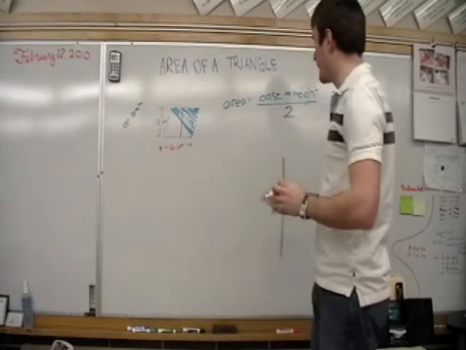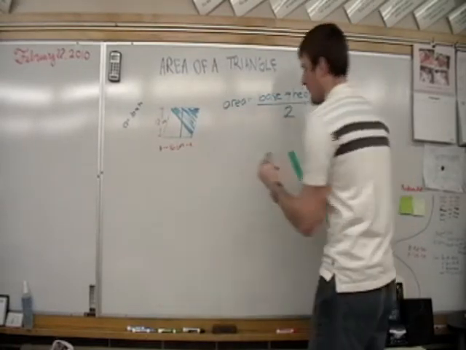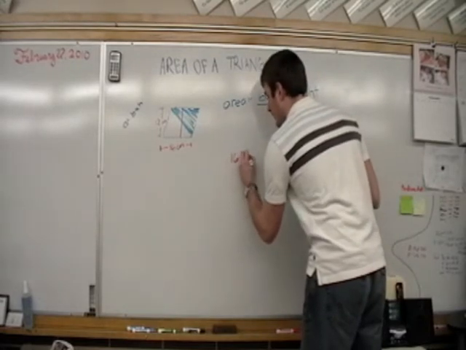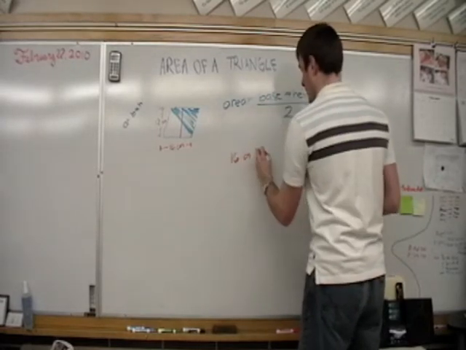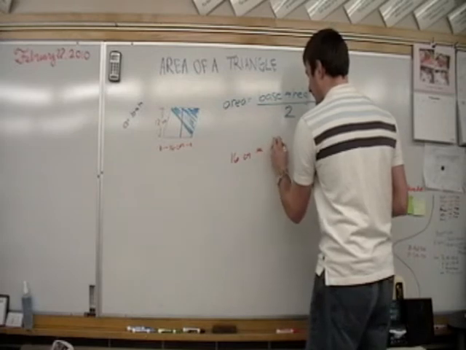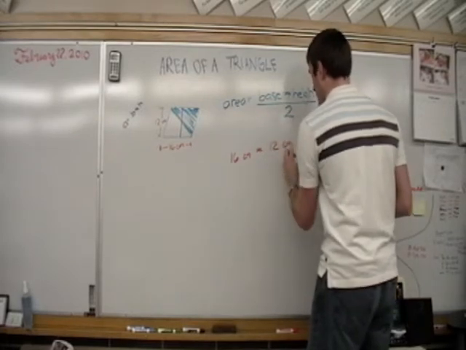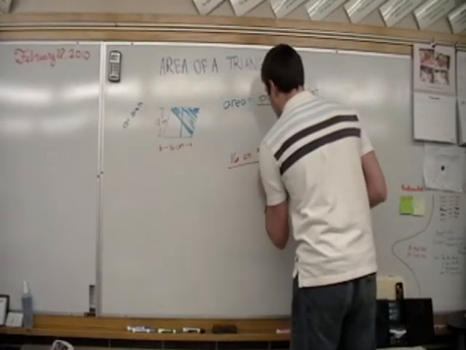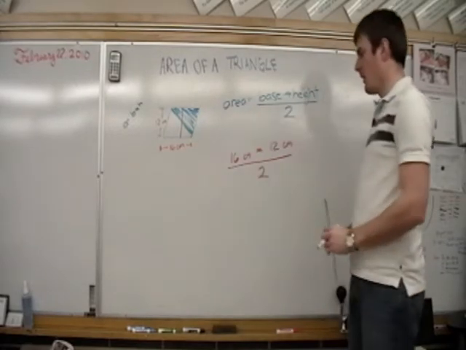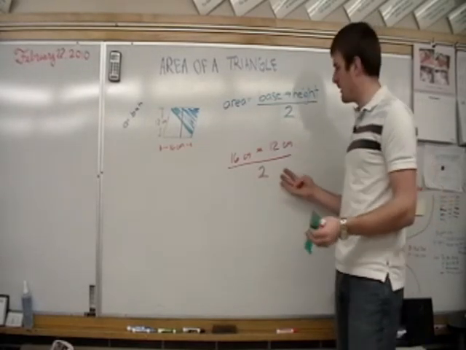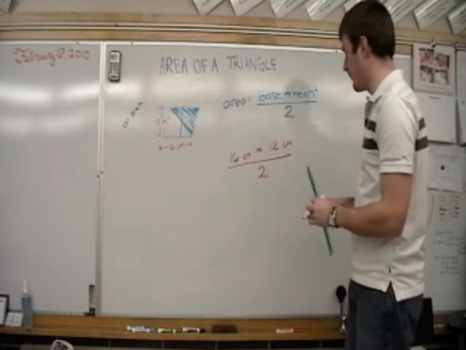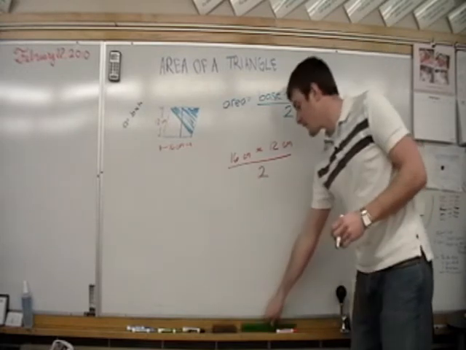So let's plug these in. To find the area, the base is 16 centimeters multiplied by the height, which is 12 centimeters, divided by 2. Well, let's simplify this, make it a little bit easier to work with. Okay, we better figure out what 16 times 12 is.